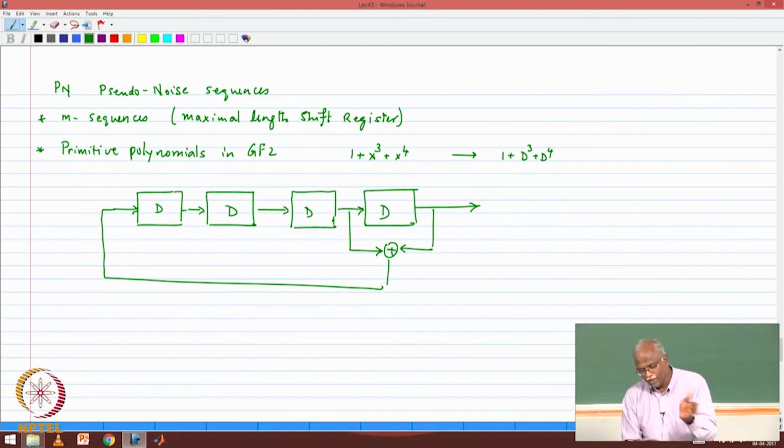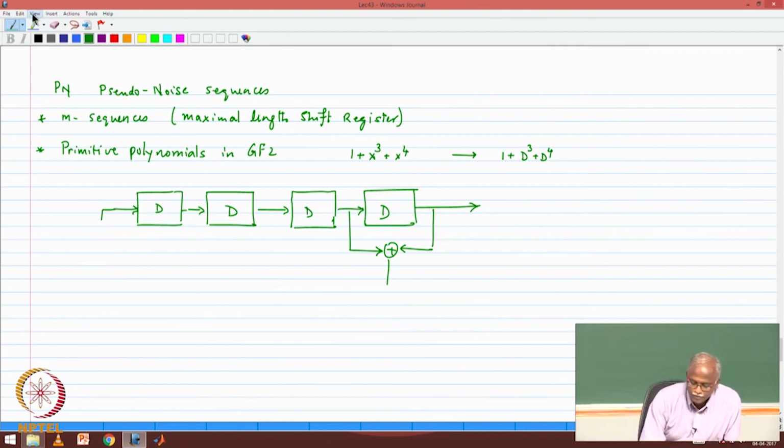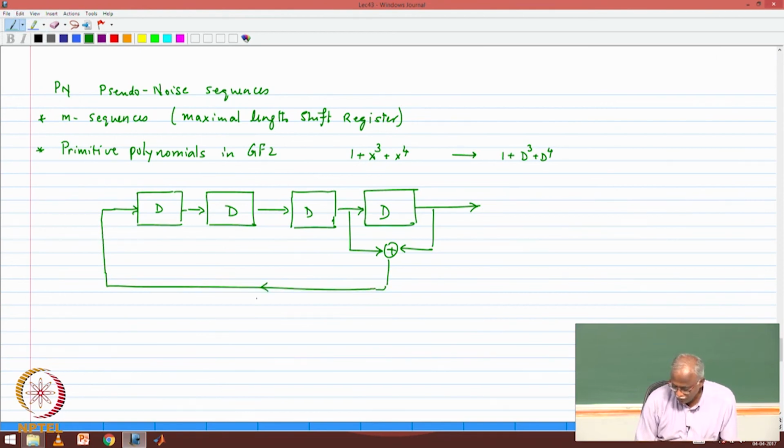So 1, the input, is equal to D cubed plus D^4. So, this is the implementation of this 1 plus D cubed plus D^4 in a binary context.